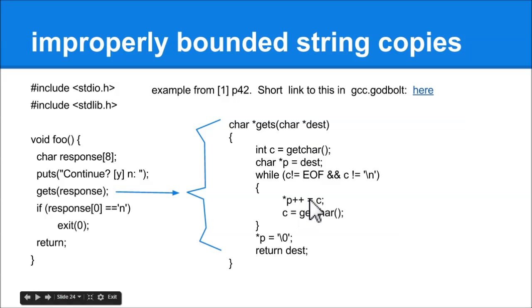What it's doing is incrementing that character pointer, reading in a character, then getting the next character, and iteratively going on like that until it reads end of file, or a null character, or a newline. Then it null terminates at the end. This can never be used safely because it doesn't care what the size of the destination is, so you can always overflow it if you so choose.